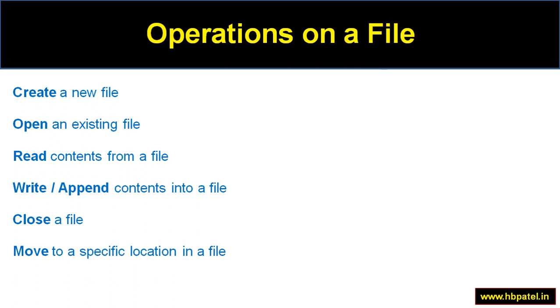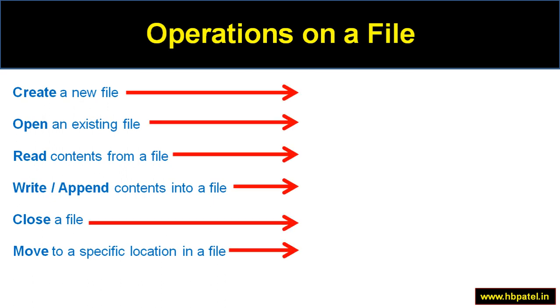For example, there are 10 records, like information of 10 students, but I don't want to go through all that information one by one. I want to directly jump to student number 7. For that, there is a concept of random access for secondary storage. We'll cover that concept in our next video.